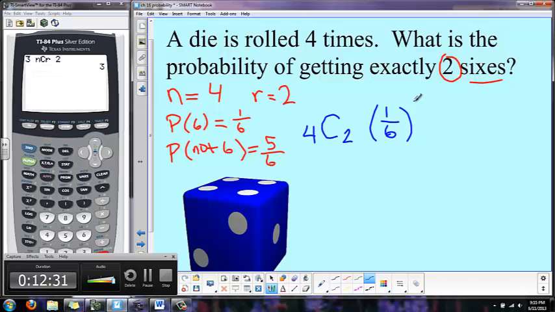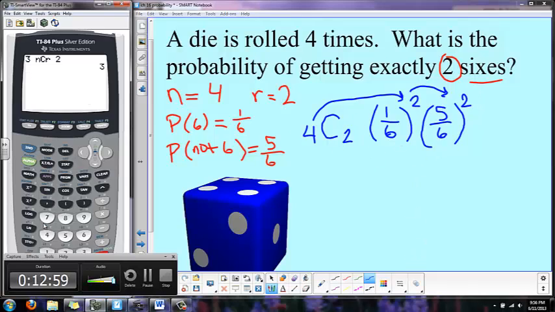I want to get a 6 twice. Then my probability of failure. How many times am I going to fail? Well, if I have a total of 4 rolls, and I'm going to get a 6 twice, how many does that leave me left over to not get a 6? That leaves me 2 times left over and not get a 6. Now I set up my equation.